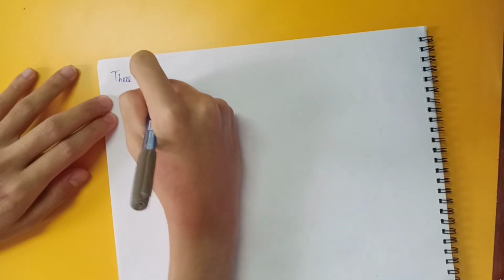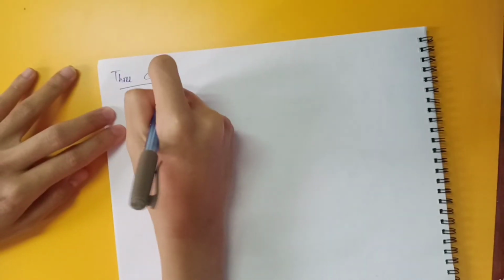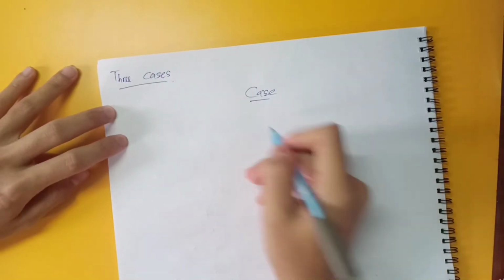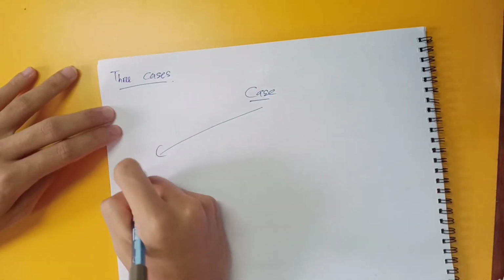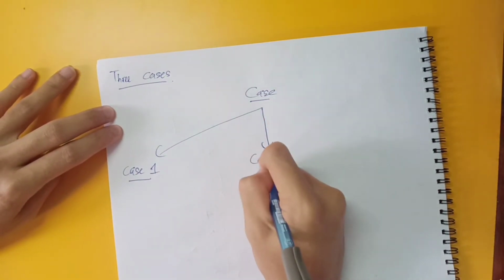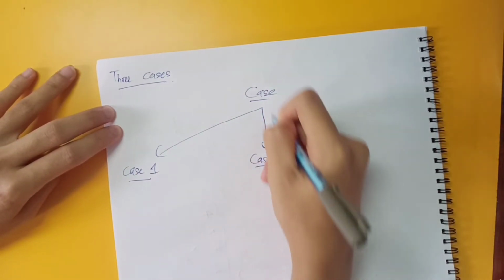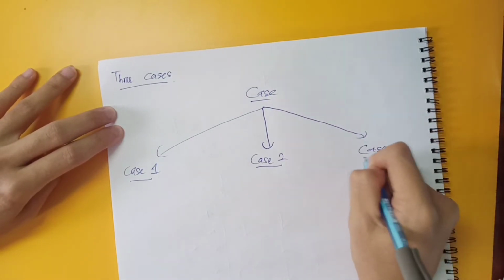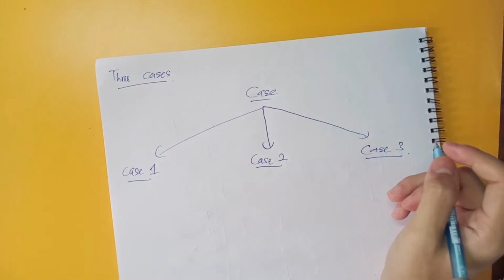Look at the key cases here. We have case 1, case 2, and case 3. Both of these have their own properties.